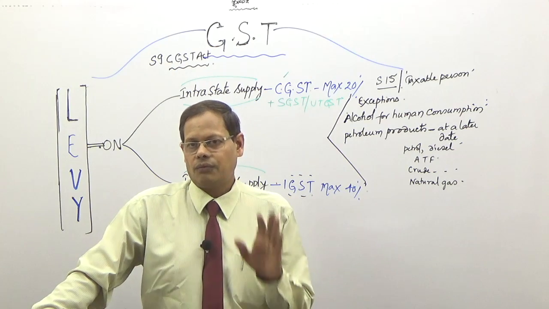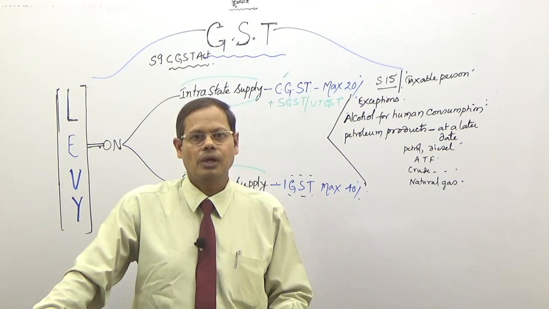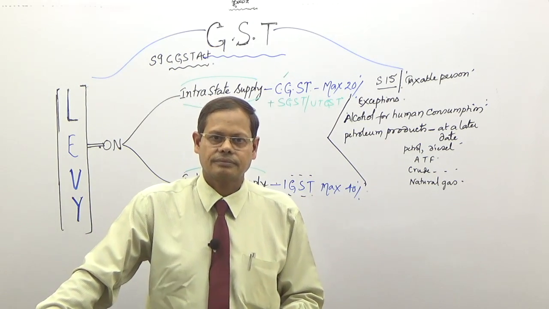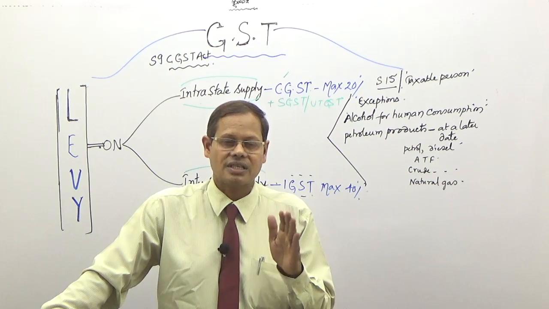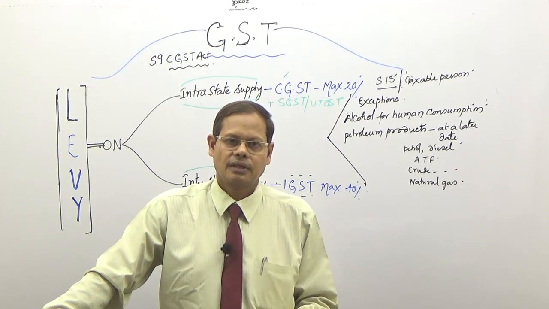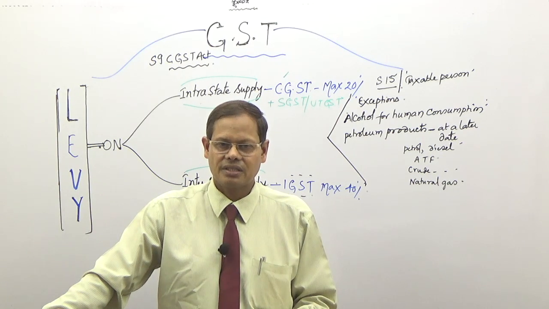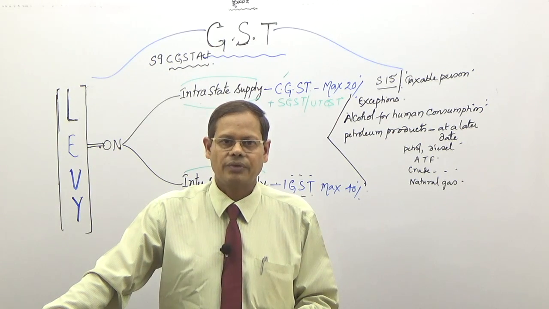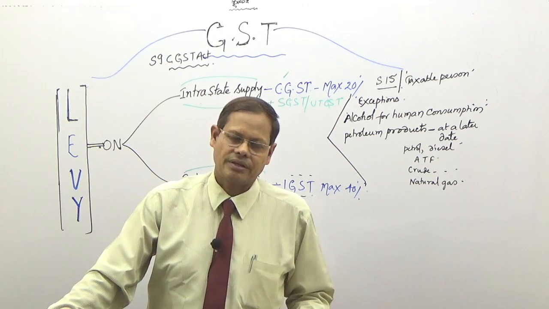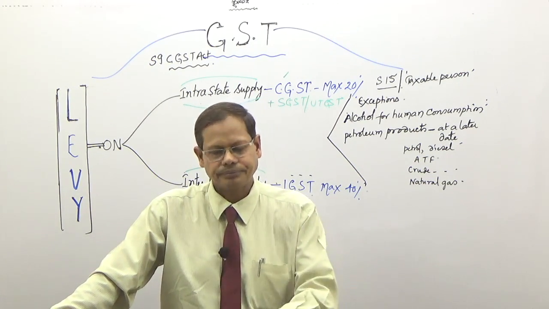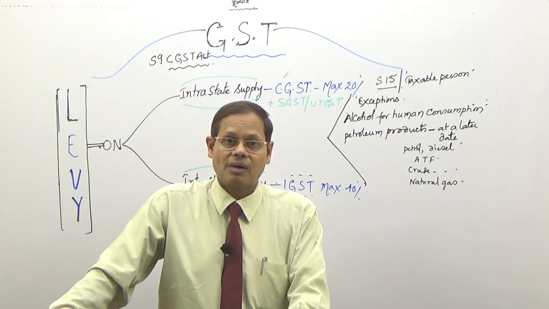For example, for registration, who requires registration, you have to find in section 22 of the CGST Act. Suppliers whose turnover crosses 20 lakhs. Suppose in the previous financial year, on an all India basis, your turnover has already crossed 20 lakhs, you are liable to get registered. Similarly, section 24 is compulsory registration.